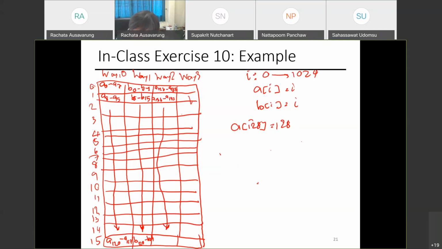At the same time, B is just here, right? 255. Yep. So it's A248 to A255, right? And then the B is 128 to B135 would be here. Go down to B248 to B255.